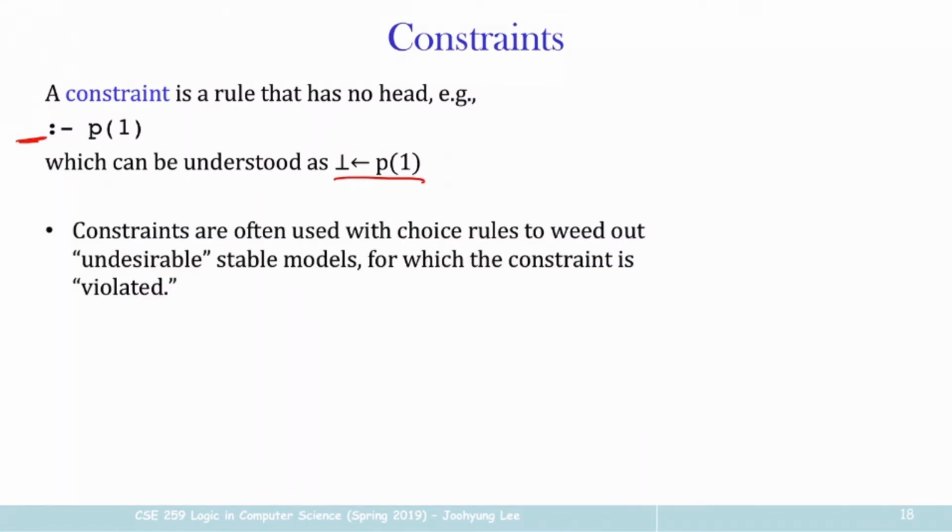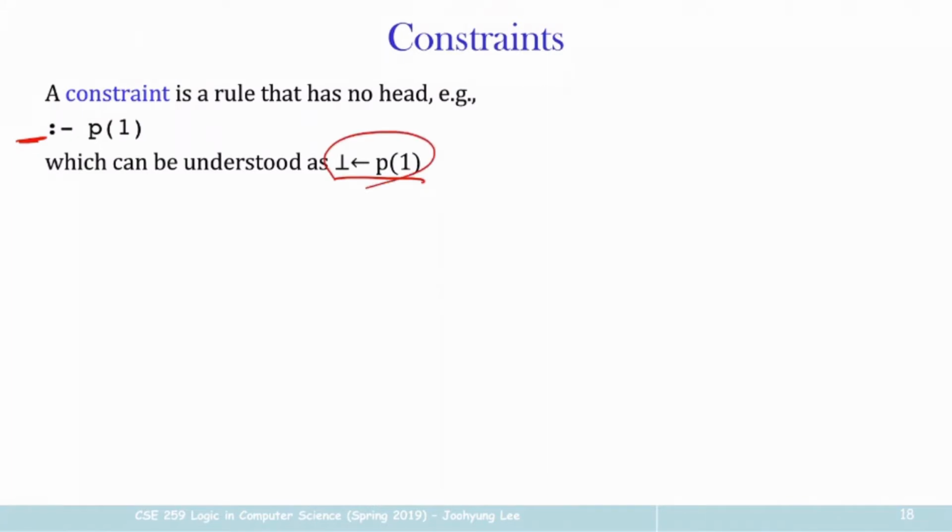Now, when you see this one, P of 1 implies bottom, it's actually the same as P of 1 is false. So that's what this rule means. You are asking that P of 1 should not be in the stable model. If you have P of 1 in the stable model, it will derive the bottom, which is a contradiction.